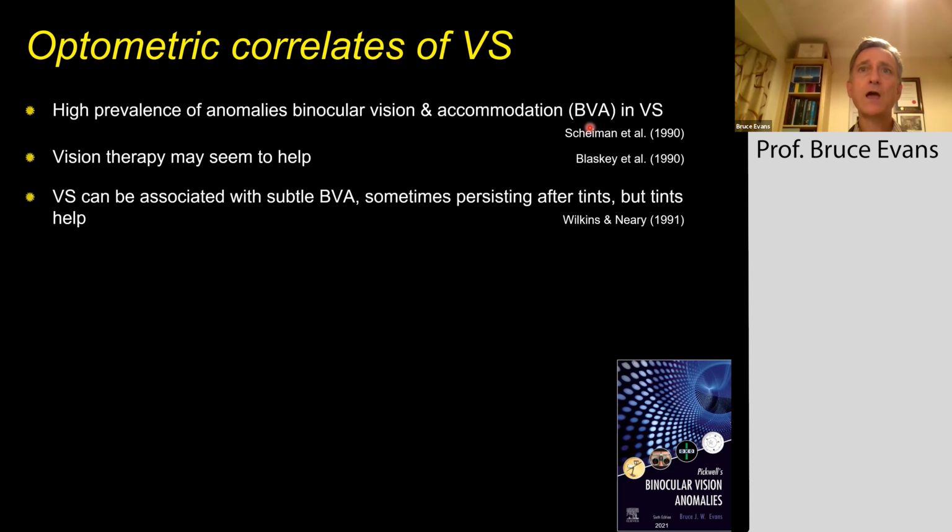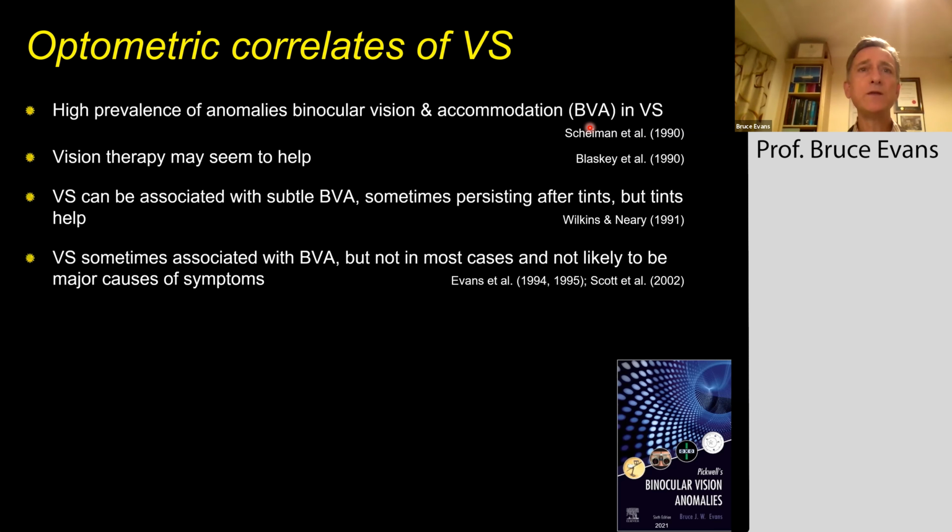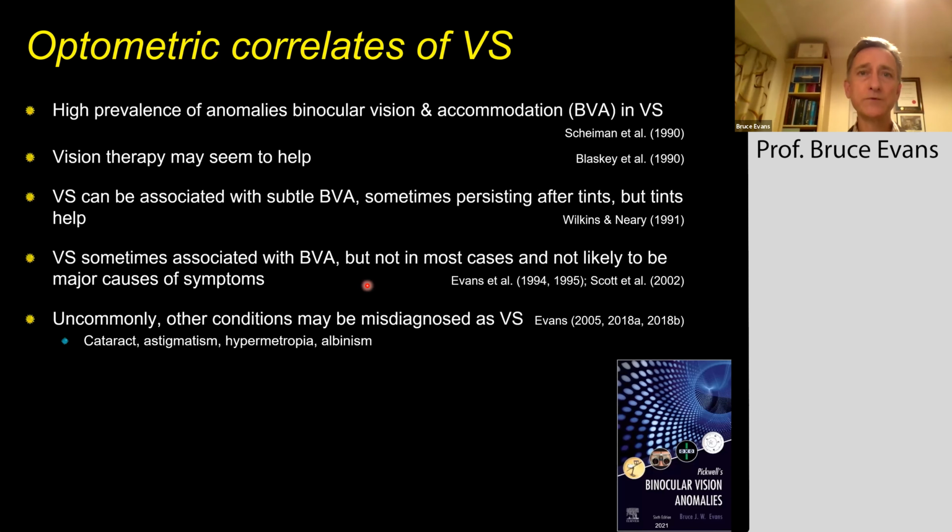And for some of these people, visual stress may be helpful. And we think that it's uncommon that these binocular vision and accommodative anomalies are the sole cause of the symptoms of visual stress, but they're definitely worth looking for before coloured filters are prescribed. And indeed, so are other conditions.